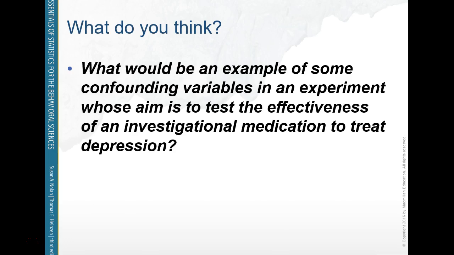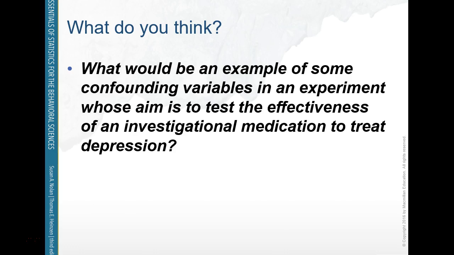And you could think to yourself, if you had an experiment and you were trying to test a new medication to treat depression, so you have two groups of people who have been diagnosed with depression. One group, you're going to try this new medication. One group is not going to get the new medication. And let's say that the ones who get the new medication, their symptoms decrease compared to the other group.